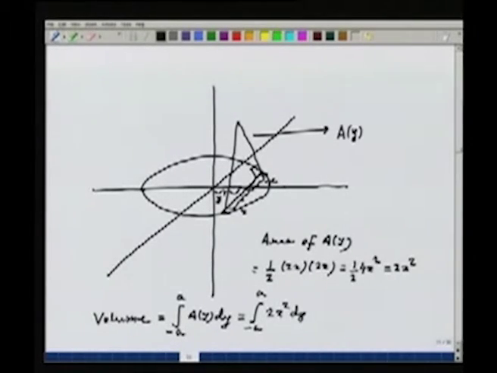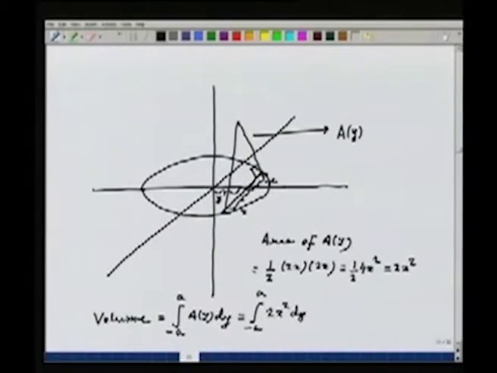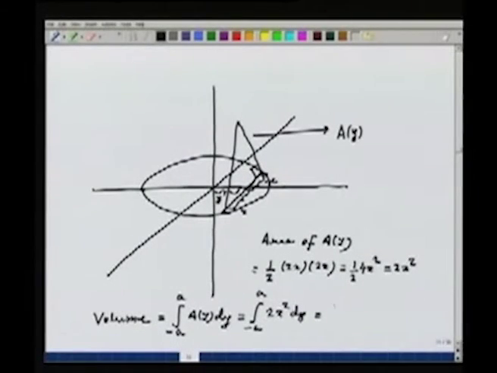Now the variable is x square and I am integrating with respect to y. It cannot be done like this, but x is actually a point on the disk. Now I have the equation of the disk, x square plus y square equals a square. So through that equation, given x square, I can find it in terms of y. So it is the integral from minus a to a of 2 into (a square minus y square) dy.